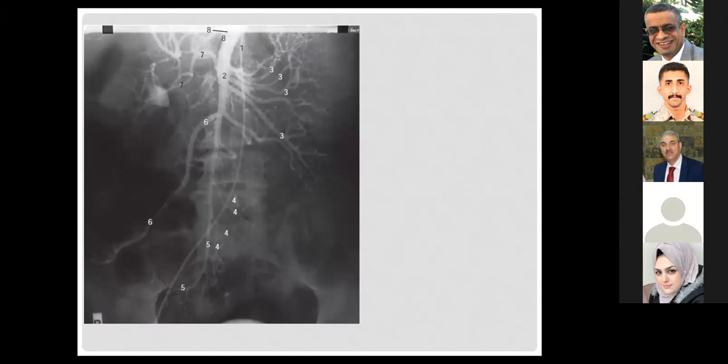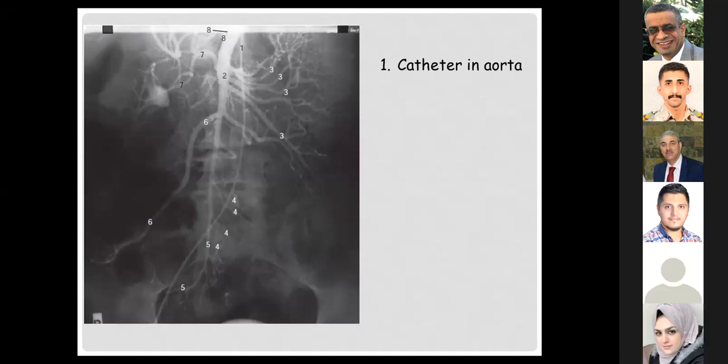Number 1, this is the catheter in the aorta. Excellent. The catheter of the angio. Number 2, this is the superior mesenteric artery.